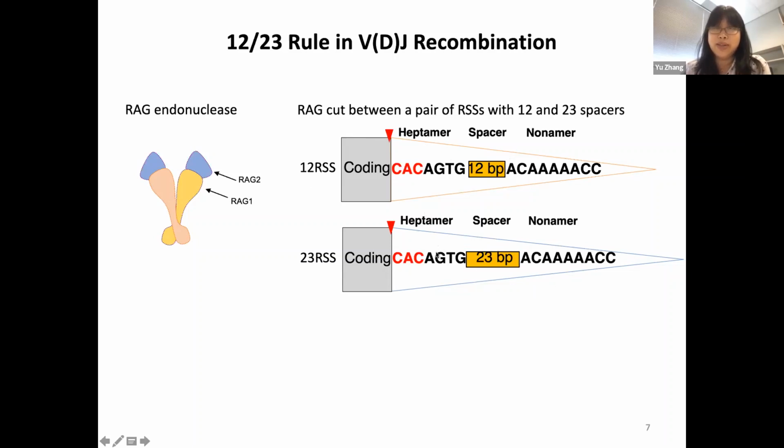An important note here is that the first nucleotides of the heptamer, also called the CAC motif, are very important for RAG cleavage activity, so mutation of these nucleotides will abolish cleavage by RAG. It is also important to note that RAG functions under the 12/23 rule, which means that efficient V(D)J recombination only occurs between a pair of a 12 RSS and a 23 RSS.